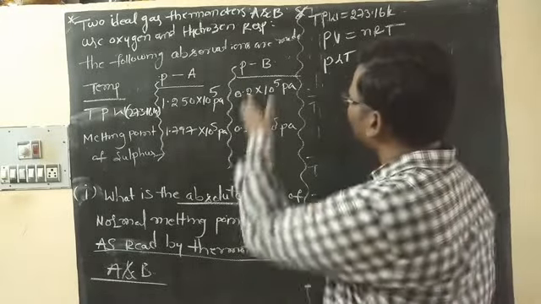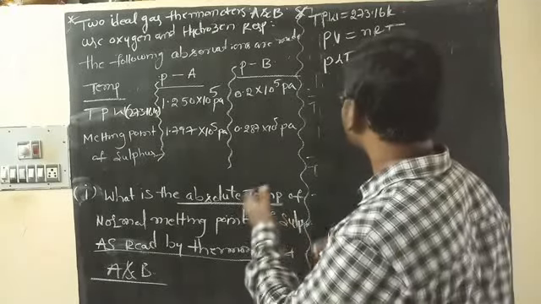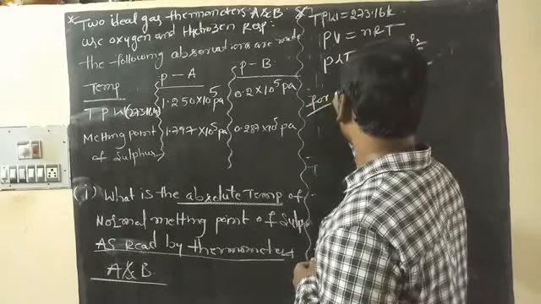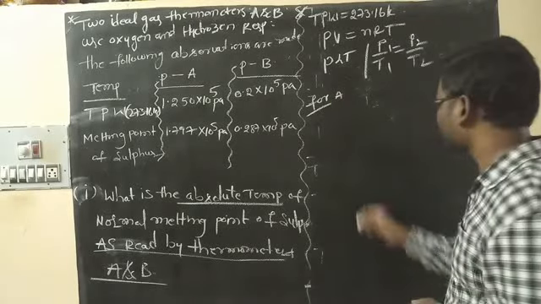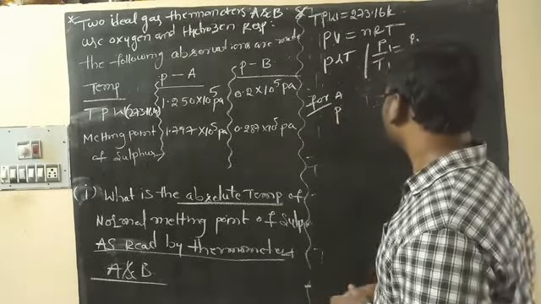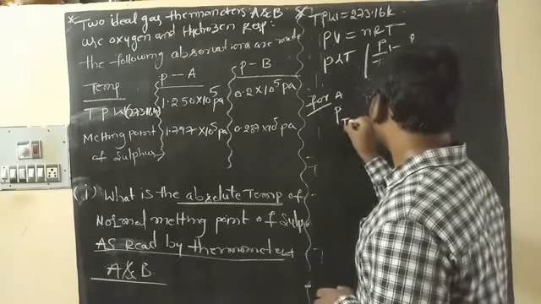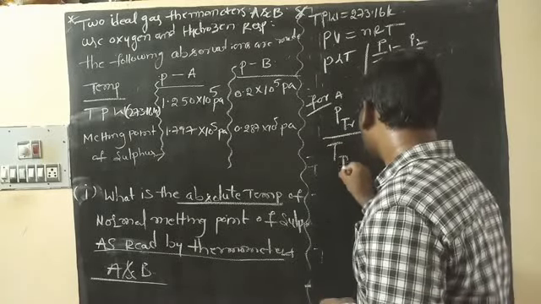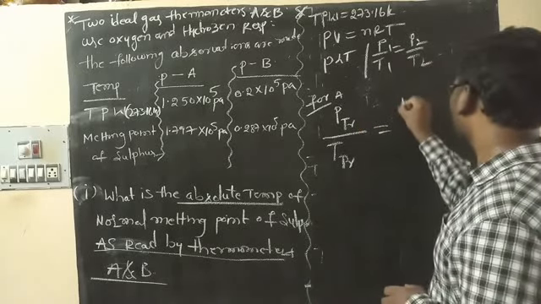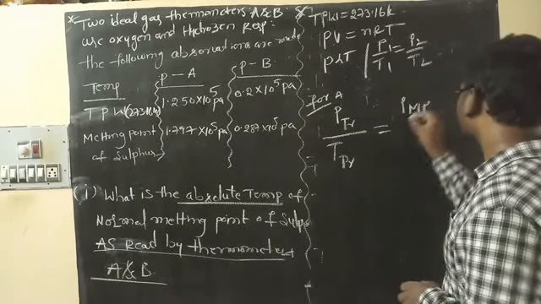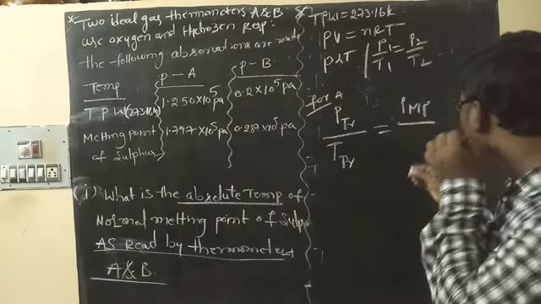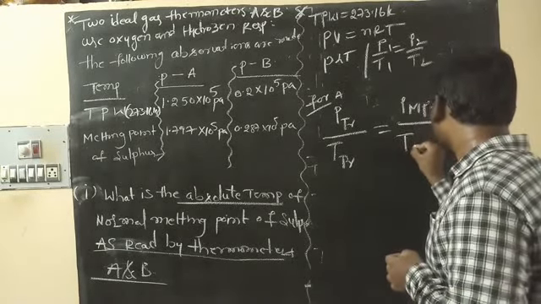So for the oxygen thermometer, that means thermometer A, you can write P triple point by T triple point is equal to P melting point of sulfur by T melting point.